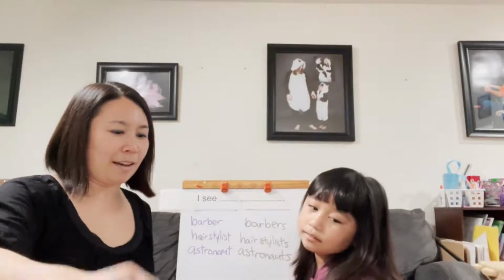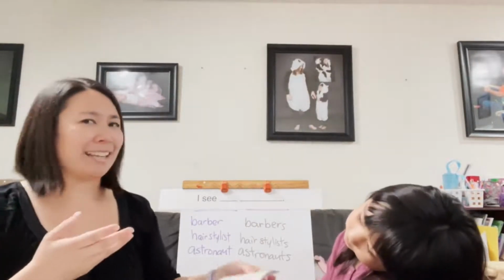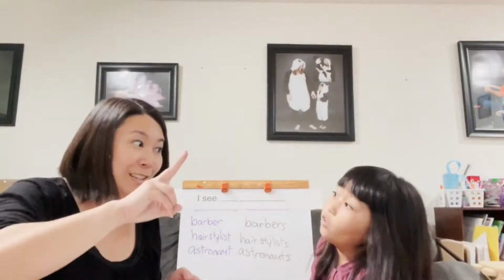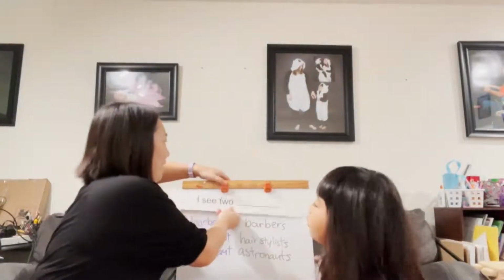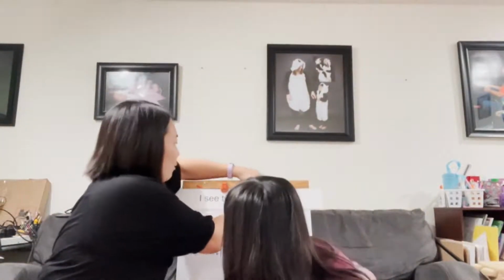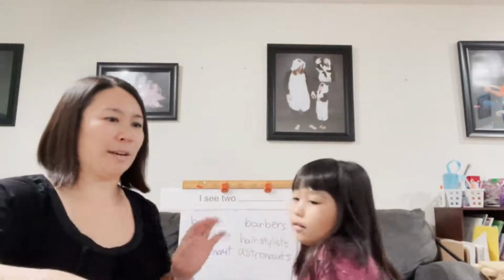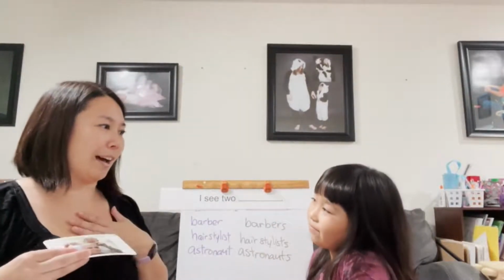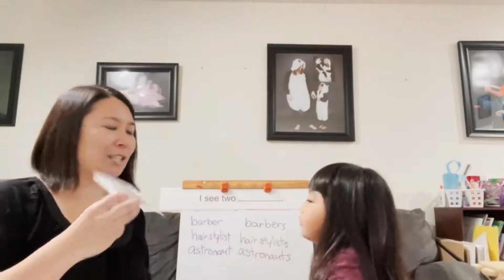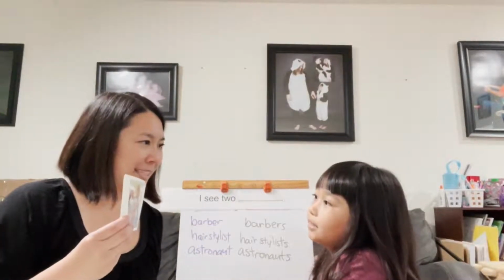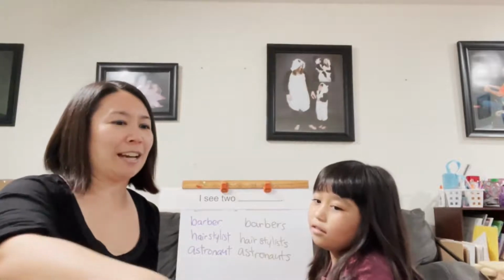Excellent job. All right. Now, imagine that there's not just one, but how many? 2. Well, 2 or 3, but this one says 2. I see 2. Okay, hold on. Ready? Let's try this. So I'll do it. Ready? I see 2 barbers. All right. Now you're going to try.